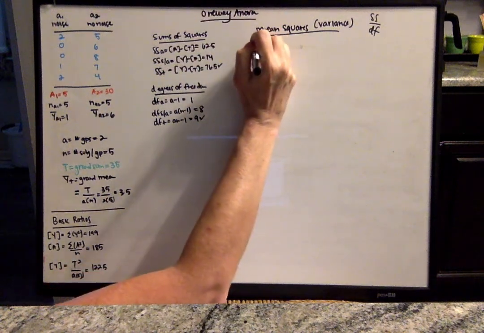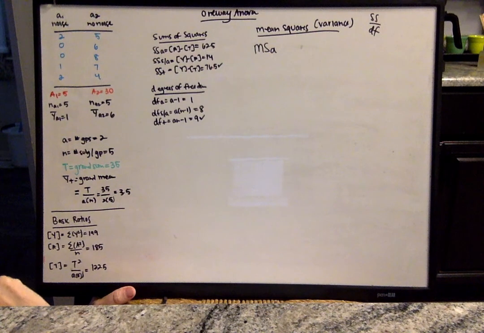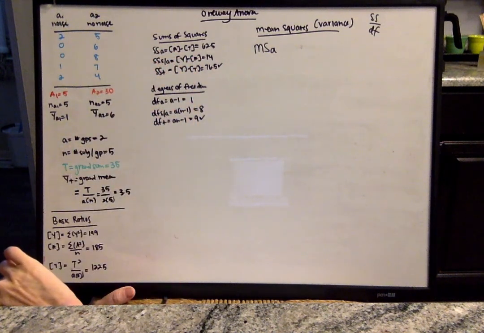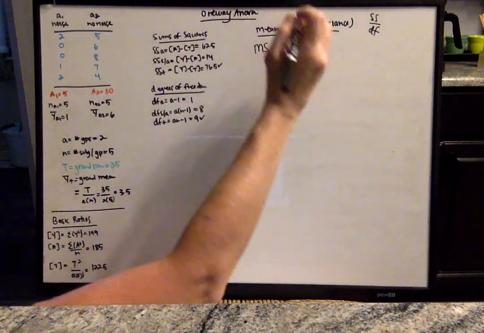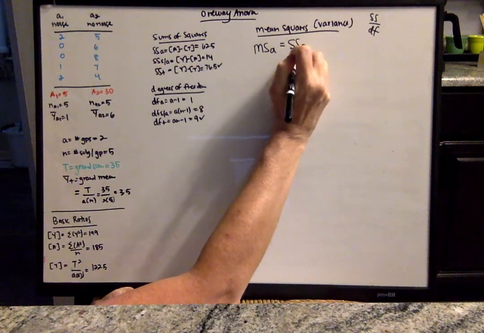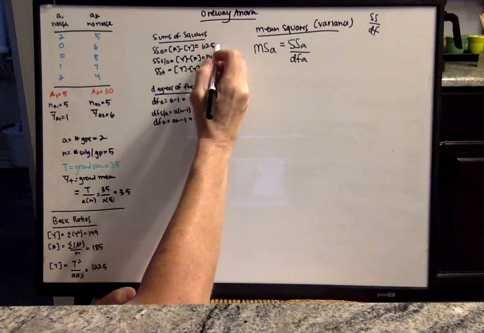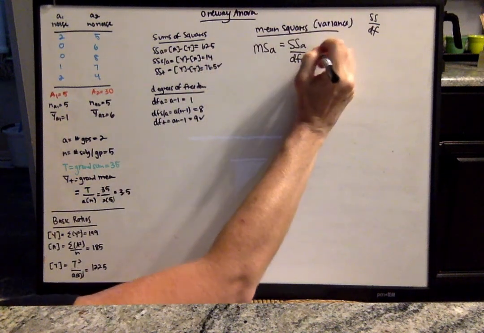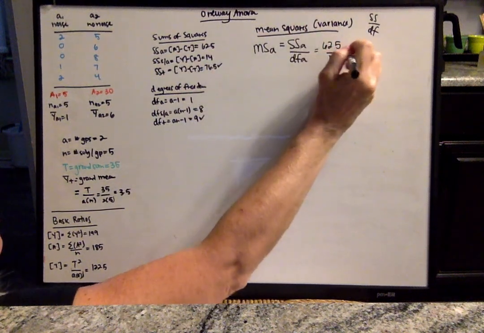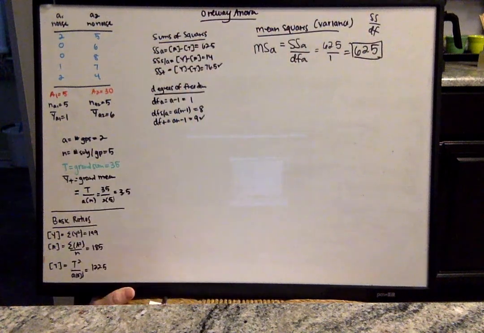The first variance we're going to calculate is our mean square A. All we're going to do here is match up our sum of squares with our corresponding degrees of freedom. So our mean square A is sum of squares A divided by degrees of freedom A. Our sum of squares is 62.5, our degrees of freedom A is 1, so the mean square A is 62.5.